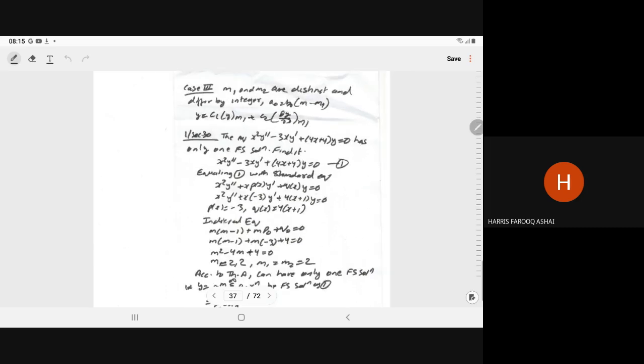Similarly, I will discuss all the cases one by one. If m1 and m2 are distinct and differ by an integer, when the difference m1 minus m2 is a positive integer, at that time you have to replace a_0 by b_0 times (m minus m1). By doing this, you will find that m minus m1 cancels out.